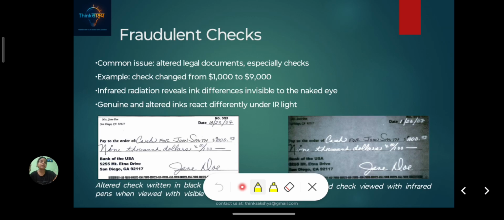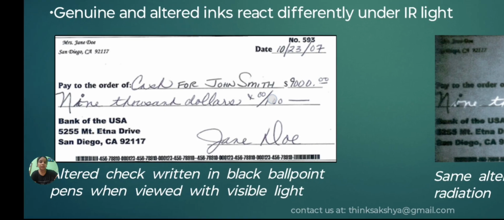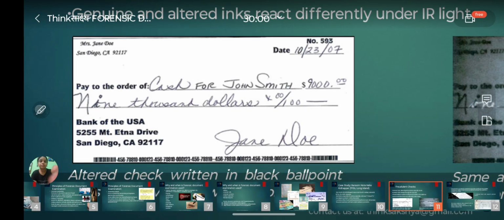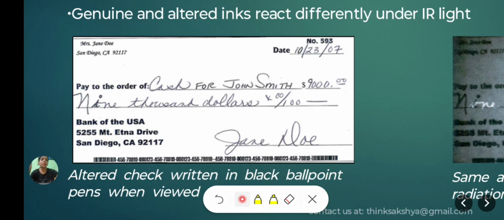Another example is fraudulent checks, or fraud-altered checks. For example, if we see over here, a black ballpoint has been used to make the writing or any alterations if present. Now here we can see some little difference between the inks.